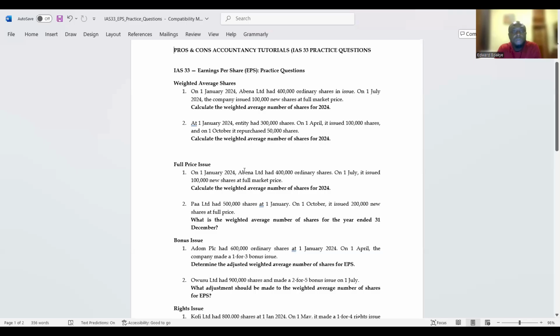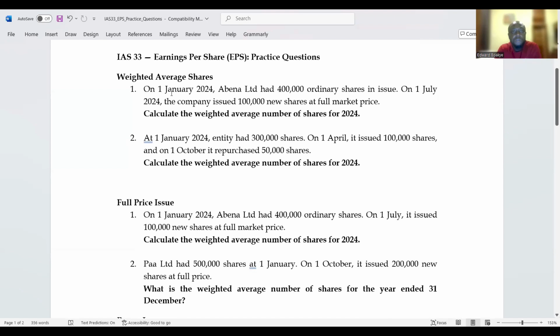Now, on 1st January 2024, Abner Limited had 400,000 ordinary shares in issue. And then on 1st July 2024, the company issued 100,000 new shares at full market price. Let's listen to it well. The 100,000 came in on 1st July, meaning in the middle of the year. And now we are supposed to calculate the weighted average number of shares for 2024.